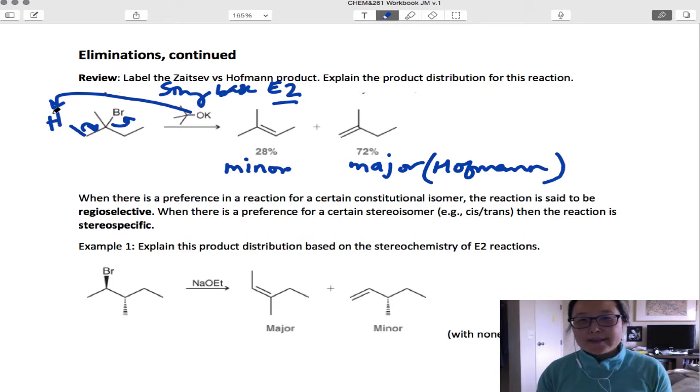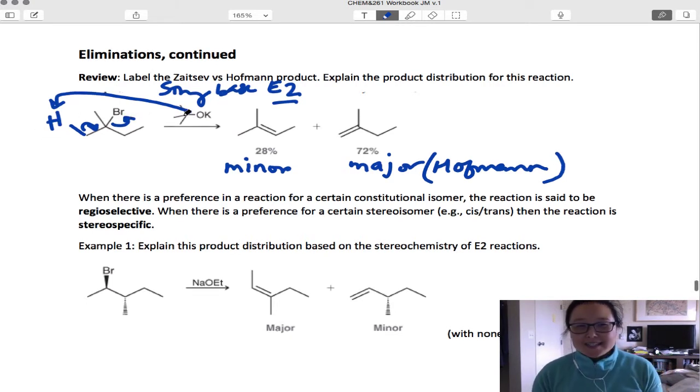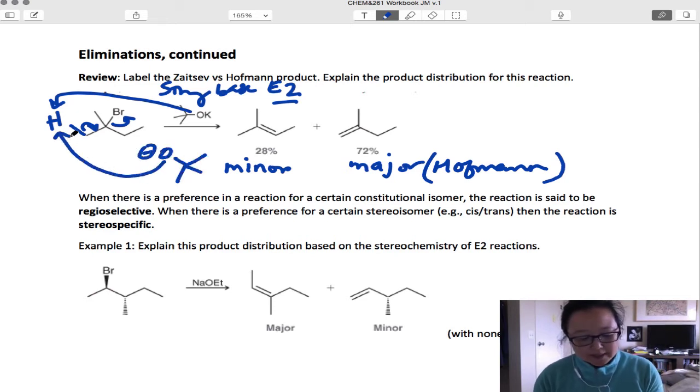Why is there a preference for this terminal hydrogen? So the answer is that if you look at the base's structure, it's a very bulky base. So we've got tert-butoxide like this, and this is grabbing the H because of all the steric hindrance from this part and this part of the molecule. So it'll prefer to come in and take a hydrogen.